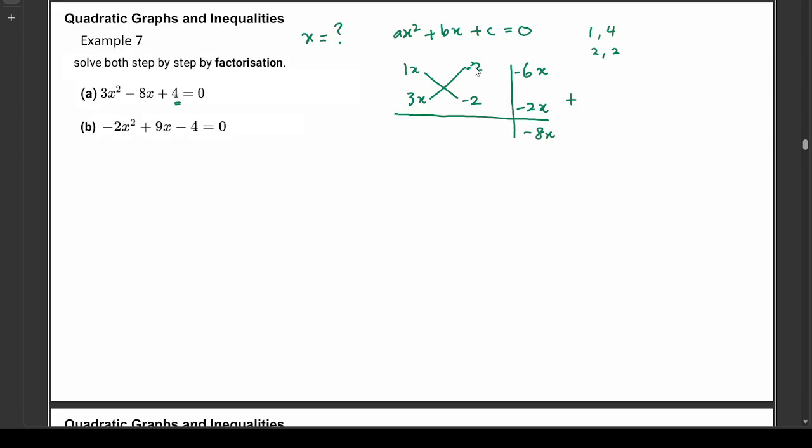And when you multiply negative 2 times negative 2, I will get 4, which is my C. Okay, when you cross multiply like this and add up, total up, I should get B, which is negative 8. Okay, so as long as you get the B and the C exactly the same, that means this is our answer.